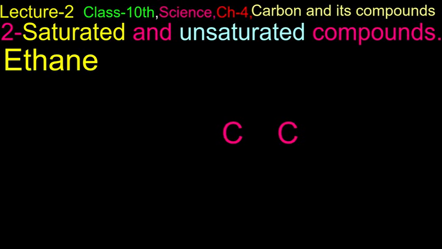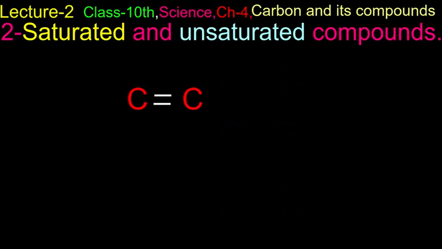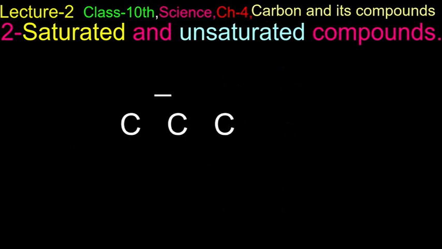Its name is ethane if it combines only with the hydrogen. Here in ethane, carbon-carbon bonding is single. So ethane is a saturated hydrocarbon. If carbon-carbon double bond is there, then it is an unsaturated one. Here you can see with 2 carbon with 1 double bond, then it is ethene.